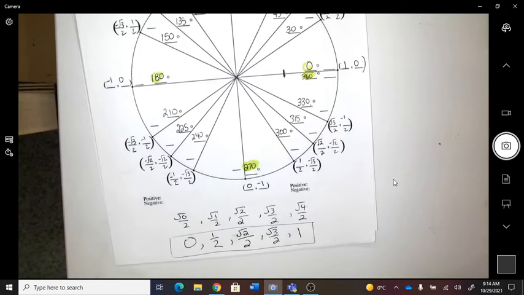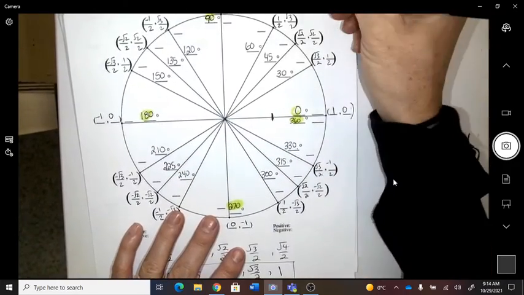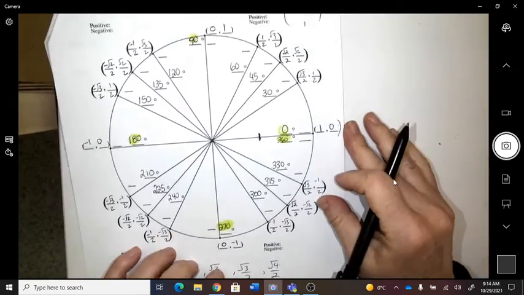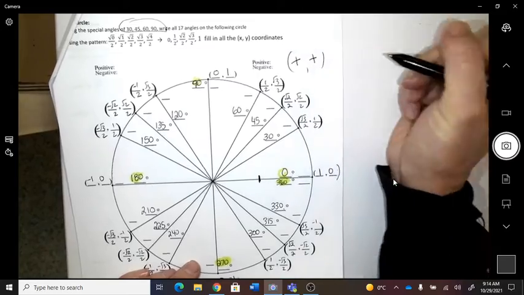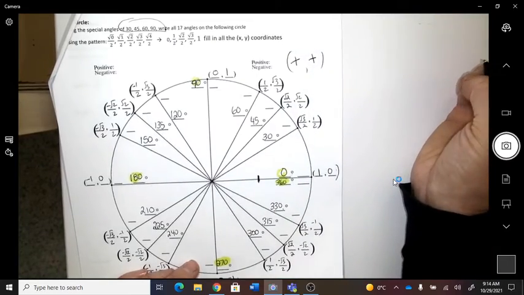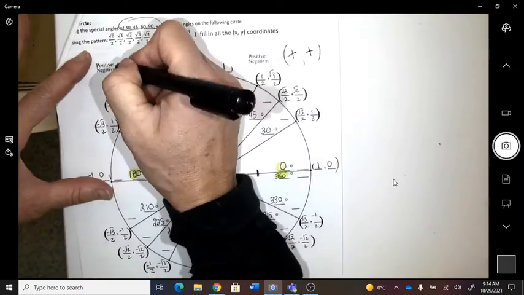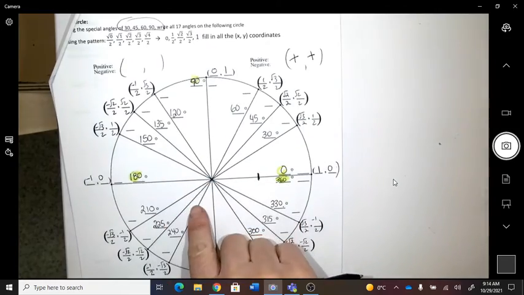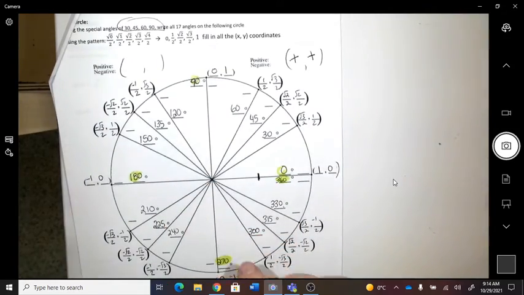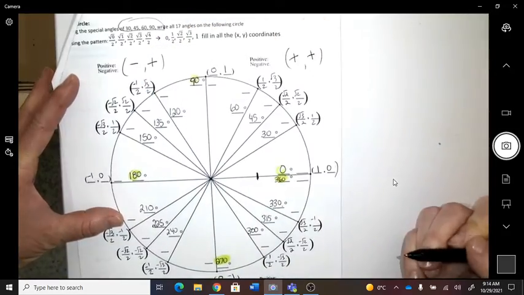Okay, couple things that we could check at the end here. If you're in quadrant 1, your coordinate should be positive and positive, right? Did you check all your numbers that are positive, positive? What will you want to see in quadrant 2? Negative, positive?